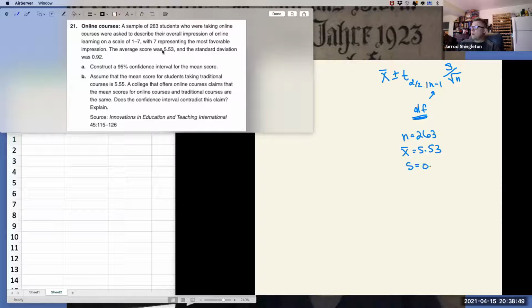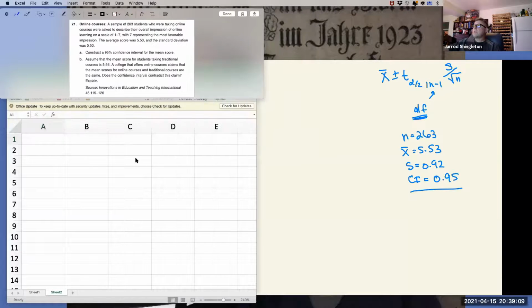S is 0.92. The only other thing I need is my alpha. And remember, alpha is going to be 1 minus whatever confidence level you're getting. So I'll just put confidence interval over here, 0.95.